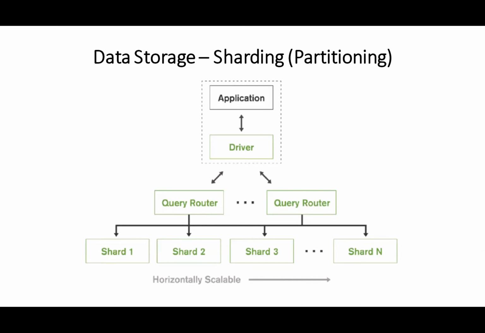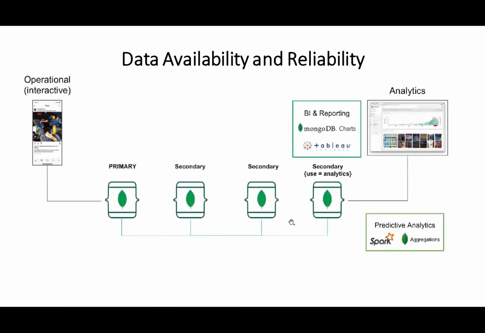But under the surface, there are many different architectures. You can do, for example, sharding here, and then replication here. Replication is for high availability and disaster recovery. Almost all NoSQL databases do replication, and relational databases can do replication as well.